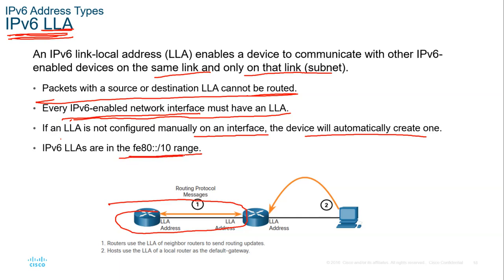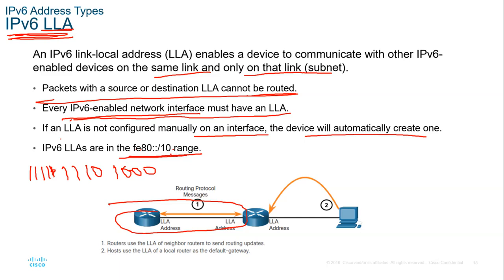What does this format mean? That it's /10, so we have to convert this. F is all ones, FE, which is 14, then 8 is 1, then 30.